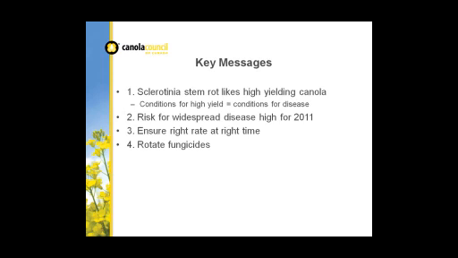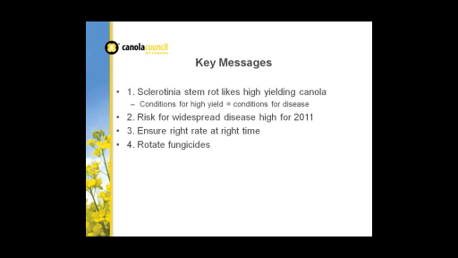So the first key message is that this disease, Sclerotinia stem rot, likes pretty much the exact same growing conditions that a high-yielding canola crop likes. So if your field looks like it's going to be a really high-yielding crop, better than 35 bushels, 40, 50 bushels, in that range, those are the same kind of conditions that the disease likes, and so there is a fairly good risk that your crop could have that disease express itself this year.